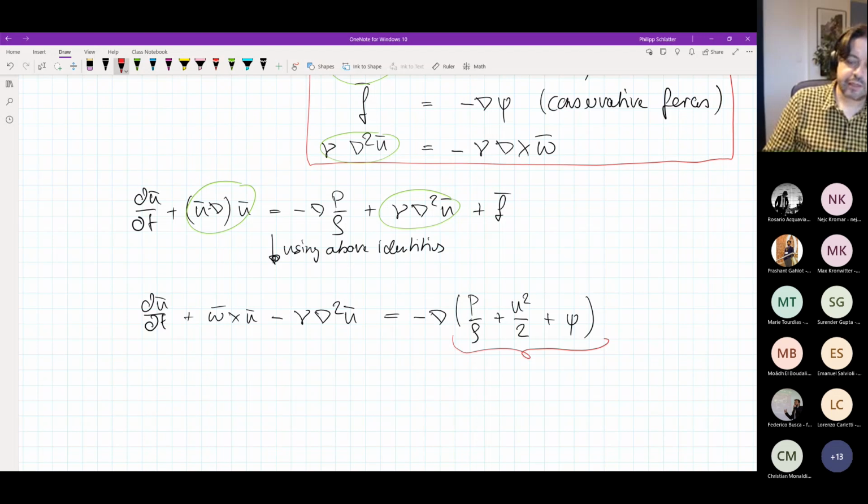Well, this is nothing else than the Bernoulli equation, where we also have the sum of the static pressure plus the dynamic pressure plus some potential. And in the Bernoulli equation, we should just say that this is a constant. But these terms essentially correspond to Bernoulli.